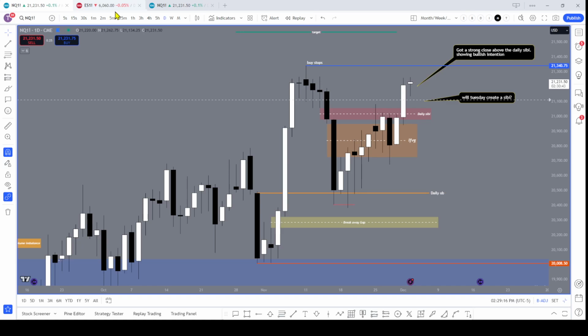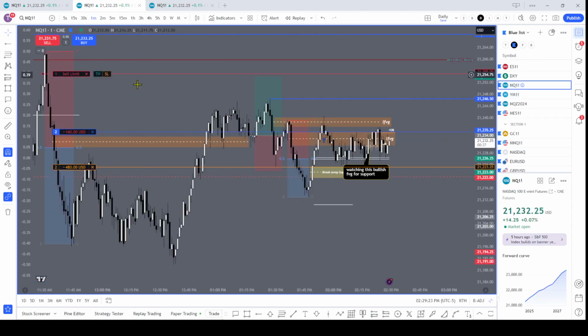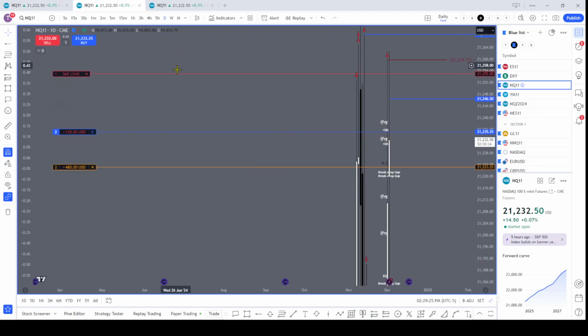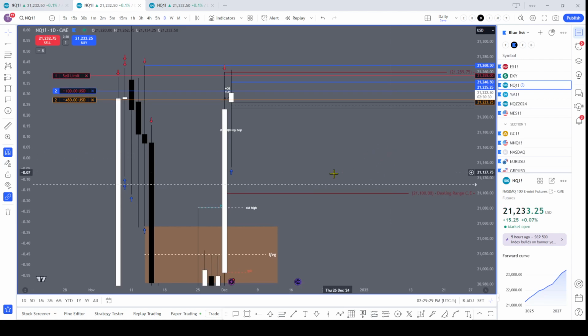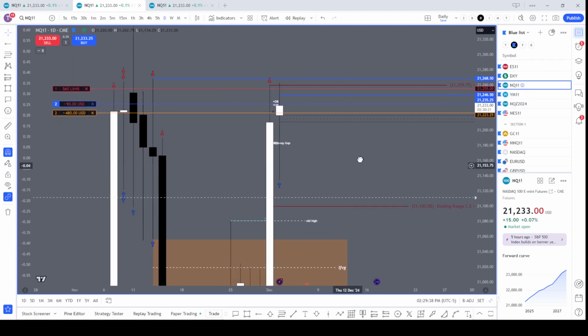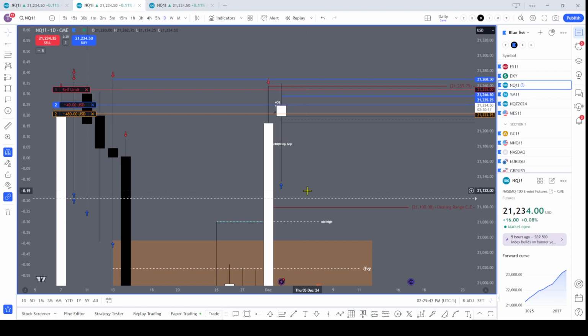Yeah, we can get down to yesterday's equilibrium and still have a daily BISI, I believe. A small one. I don't think so though.